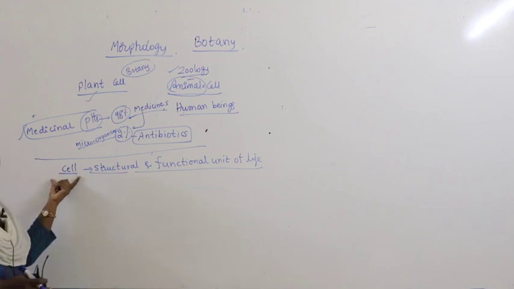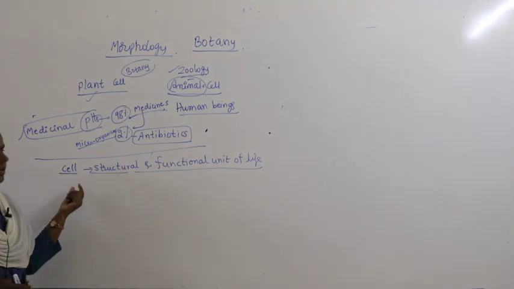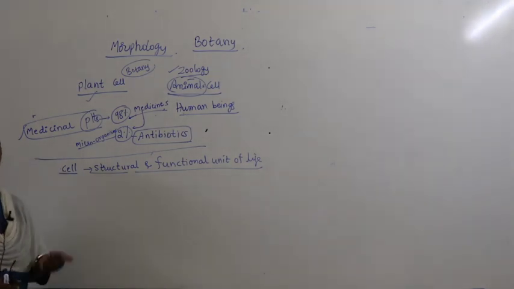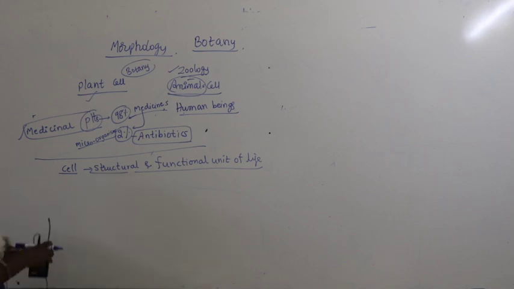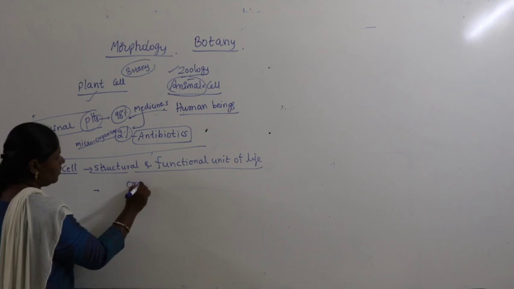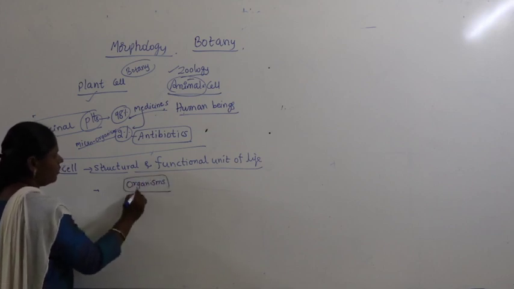What is the basis for life? Cell. You know, in the course of evolution, in the very beginning of earth's formation, in the ancient period of time, on earth we find only unicellular organisms. In general, the organisms are divided into two categories.